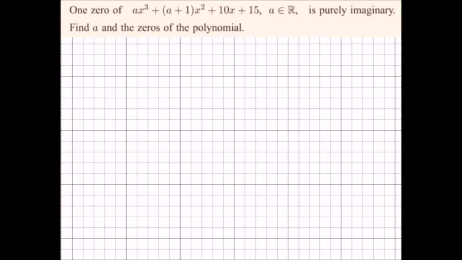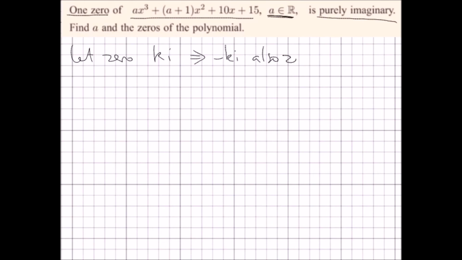Second example: once again we have a cubic here, which is real, and we've got one zero that is purely imaginary. We don't know what that is, so let's let that zero be ki. Now, if ki is a zero, its conjugate, minus ki, is also a zero.